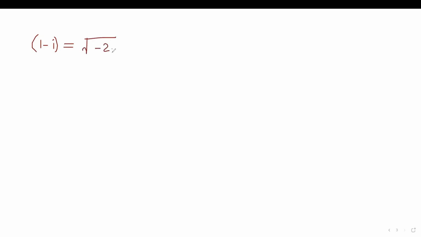In order to prove this, we can prove vice versa: we can prove that 1 minus i, when you square it, should be equal to minus 2i. If you square both sides, this should be true.